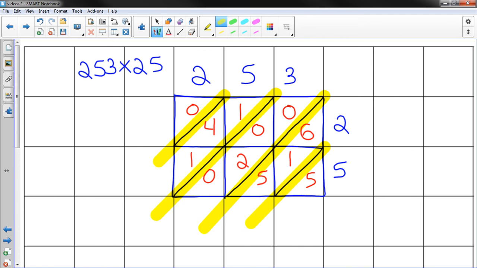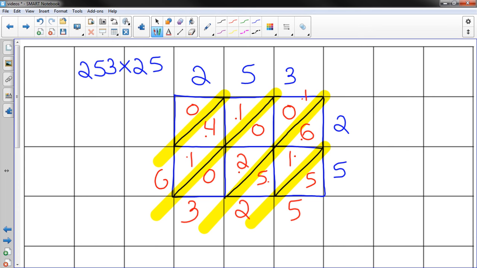And now we're going to add. Well, the 5 has nothing to add to it. The next one, 6, 1, and 5. Altogether, that's 12. So put the 2 down. Carry the 1 over. I just have a 2 and a 1 that I carried over, so that's 3. And I have a 1, a 4, and a 1.